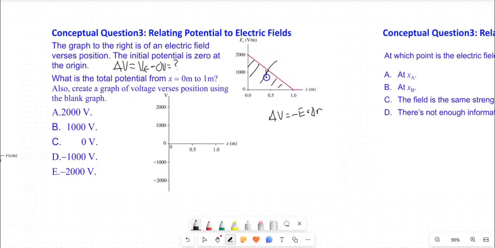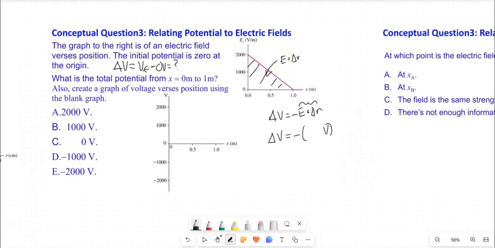This whole area is E dot delta R, not negative E dot delta R. So let's go ahead and figure that out.